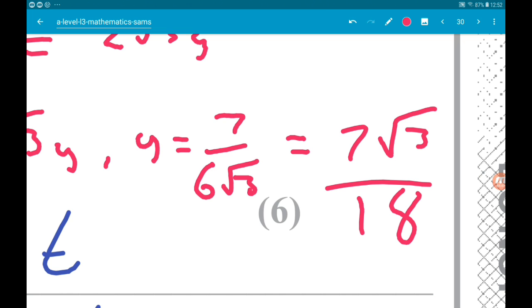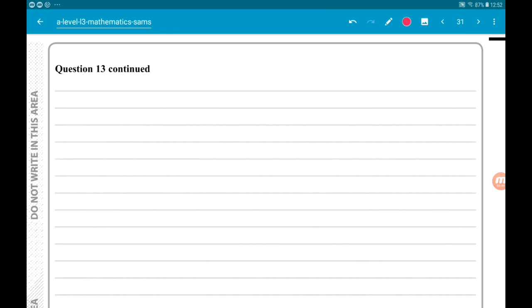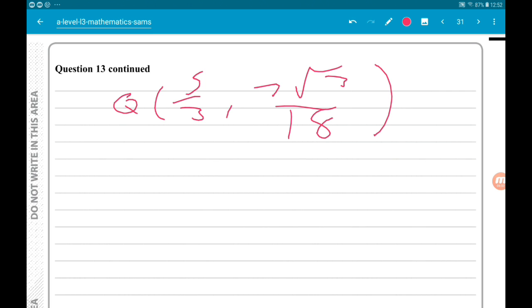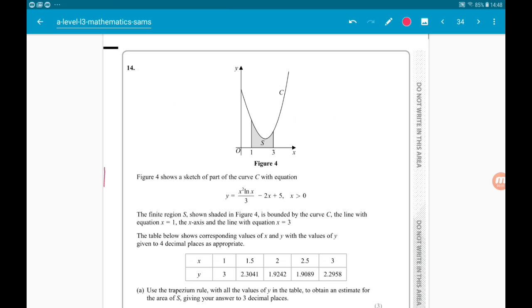So finally the coordinates of Q are 5/3, 7 root 3 over 18. Good times.